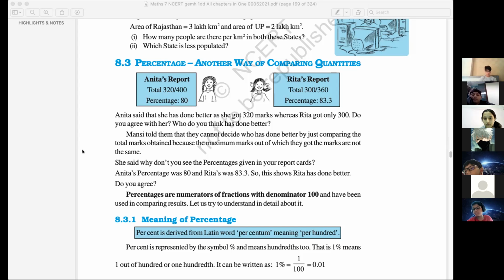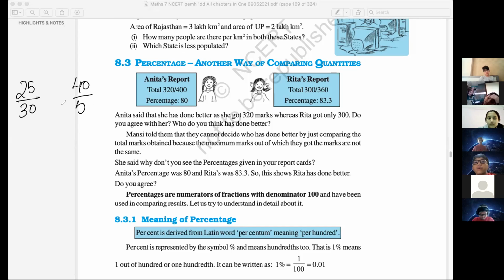Whenever you have to convert anything into percentage, you have to multiply by 100. For example, suppose Ibrahim gets 25 out of 30, and his friend gets 40 out of 50.